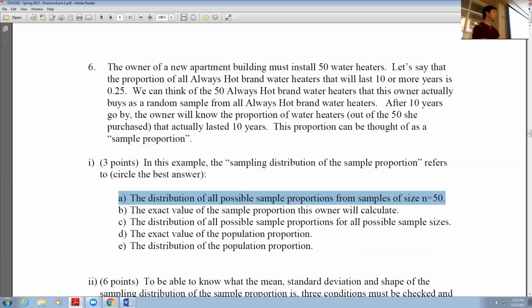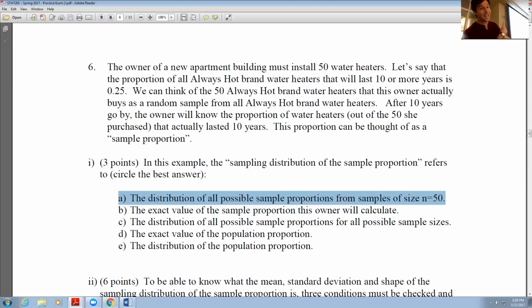Could she get a sample of 50 that are pretty good? Yep. And think about what data she's going to collect after 10 years. She's going to look at that water heater, or the one that no longer exists, and say, after 10 years, does this water heater work or not work? So she's collecting what kind of variable? Categorical. So it's going to be the proportion of working water heaters after 10 years.